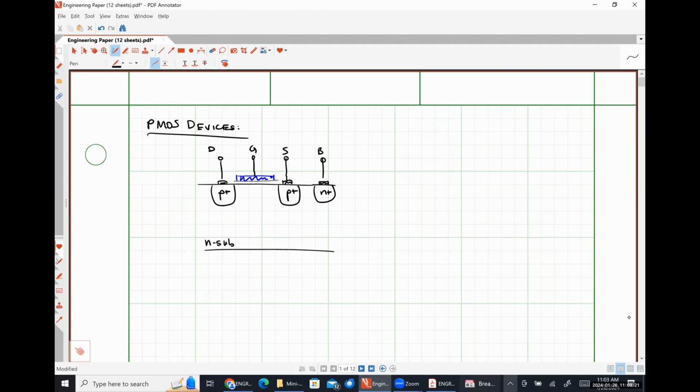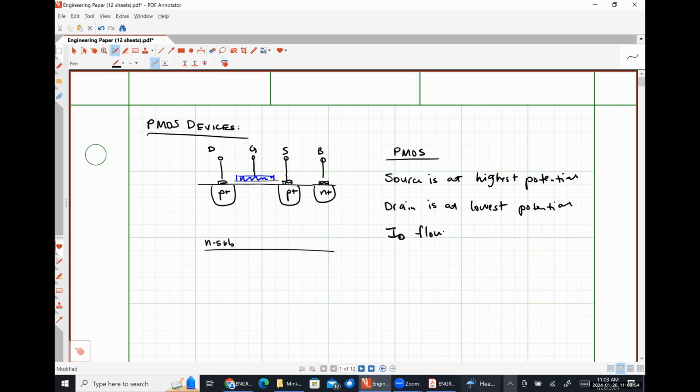So just to be really clear here, for a PMOS, source is at highest potential. Drain is at lowest potential. And our drain current flows from the source to the drain.